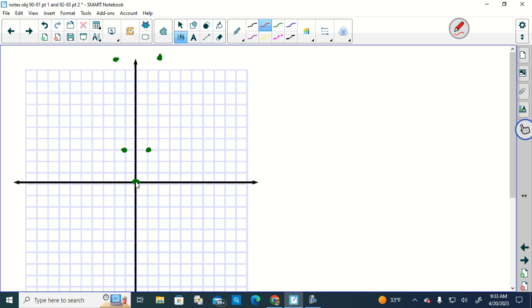When we had just x squared, we always started at the origin, but we went over 1, up 1. Now, when there's a number in front of it, so we had 3x squared, whatever direction you're going up, you have to multiply by 3.